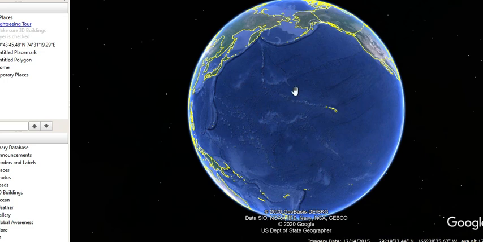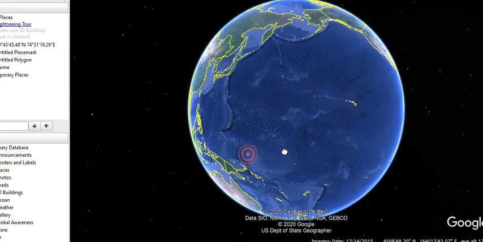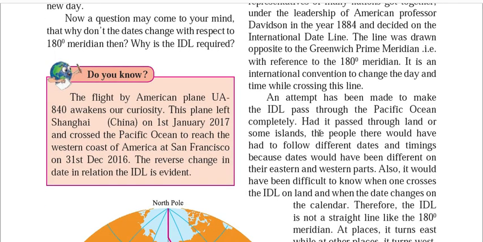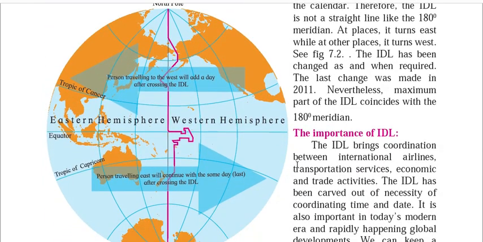So as there is very little landmass in the Pacific Ocean, the international dateline passes through the Pacific Ocean deliberately for our convenience. Okay, then had it passed through land or some islands, right? So here you can see there are some small island nations, and that line passes through the middle of that island.